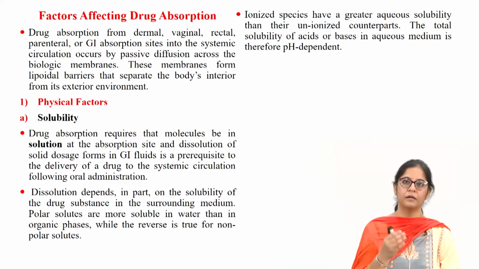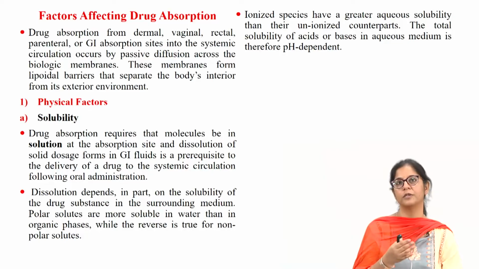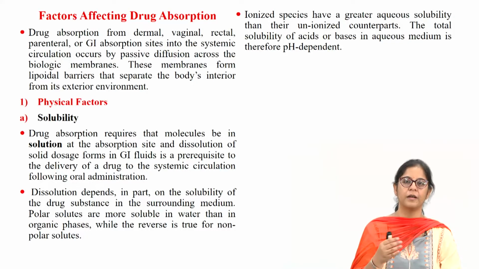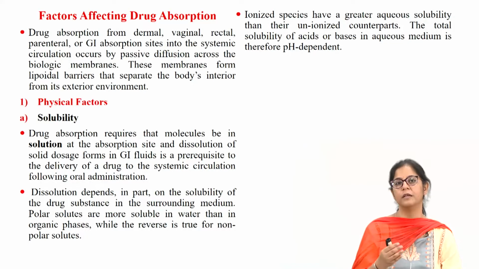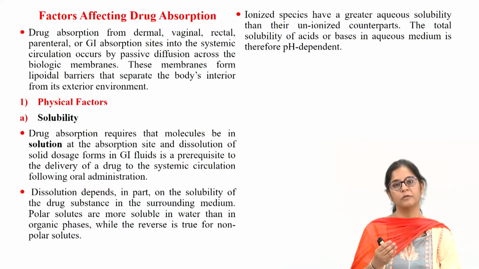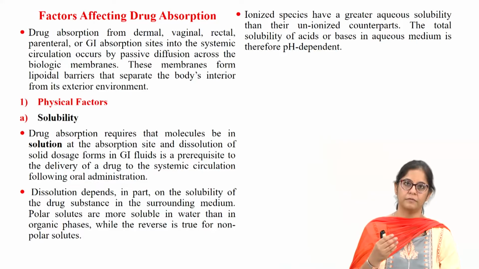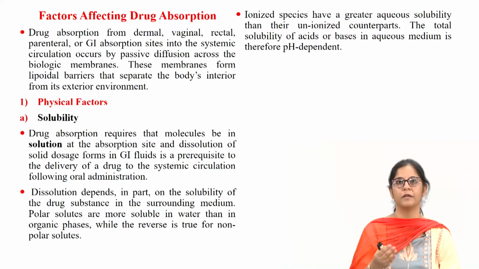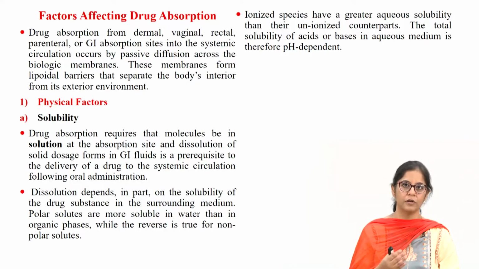So, as we have seen, absorption can occur by passive as well as active processes, and most of the absorption in the body occurs by passive diffusion. So, the physical factors of the drug are important in increasing or decreasing the absorption of the drug across the membranes. The first of the factors is solubility.